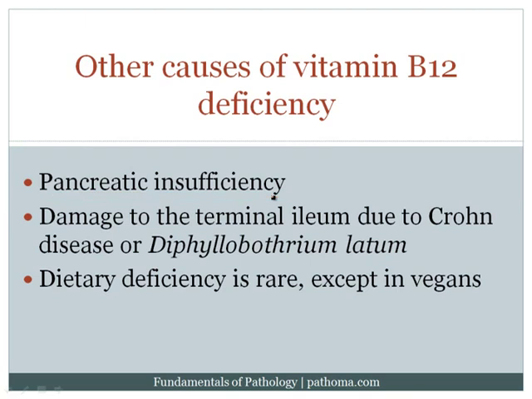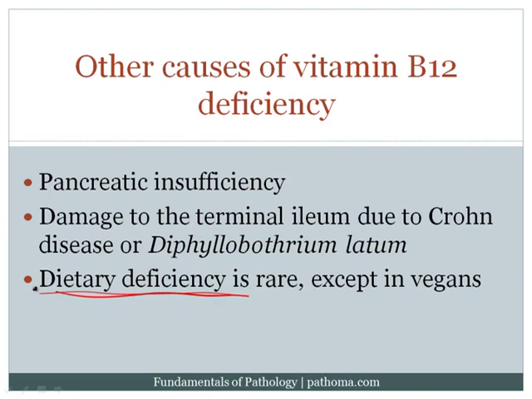Another cause of vitamin B12 deficiency would be damage to the terminal ileum. Remember that vitamin B12 is absorbed in the ileum, and so if there's damage, for example, to the terminal ileum, as would be seen in Crohn's disease, or as would be seen with fish tapeworm, then that would result in a vitamin B12 deficiency.